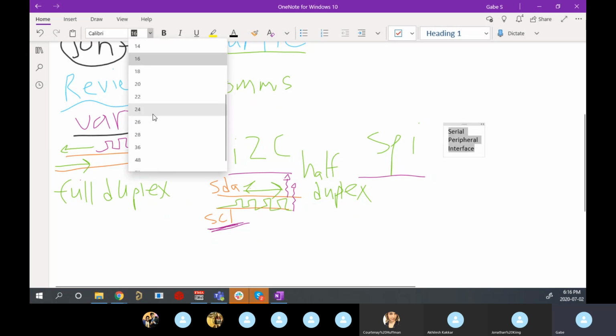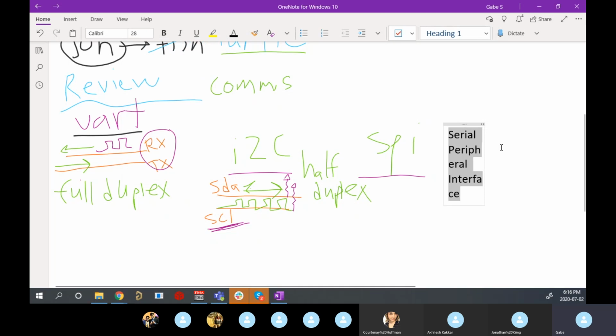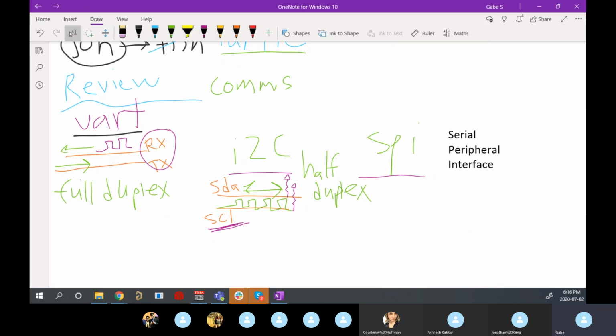I think people just started stringing together words to sound fancy, and this is what they ended up with. But it's not as descriptive as UART, for example, where they tell you it's asynchronous and receiver transmitter. Right, UART was universal asynchronous receiver transmitter. I2C was another dumb one, inter-integrated circuit. And then SPI continues the trend of dumb names.